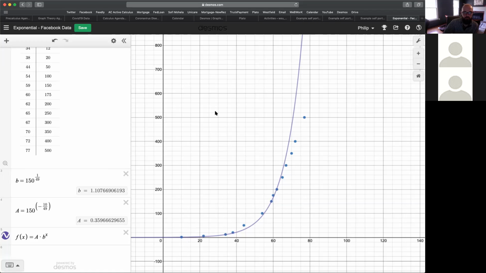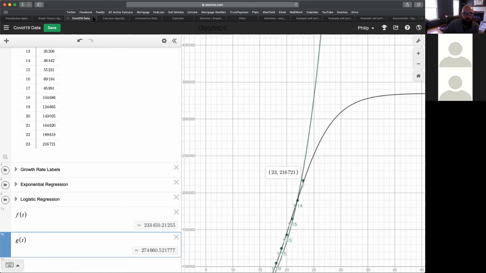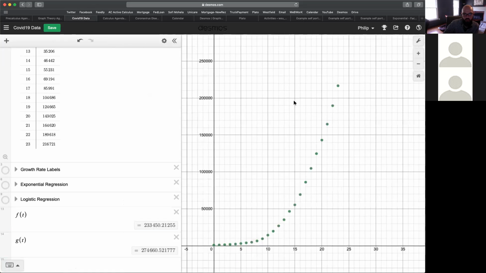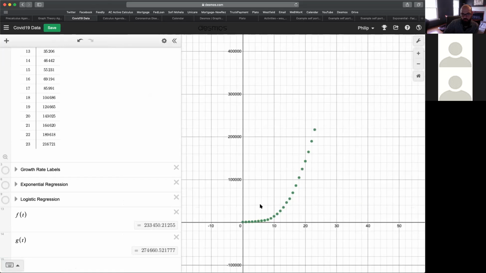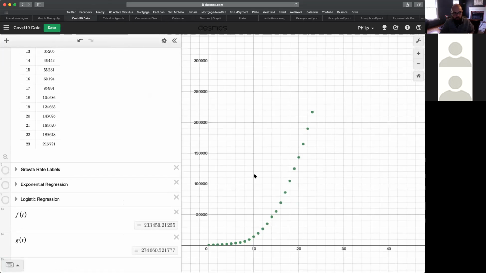All right, so what I did is I've been tracking the data for the growth of the number of COVID-19 cases in the US. So this is that actual data.